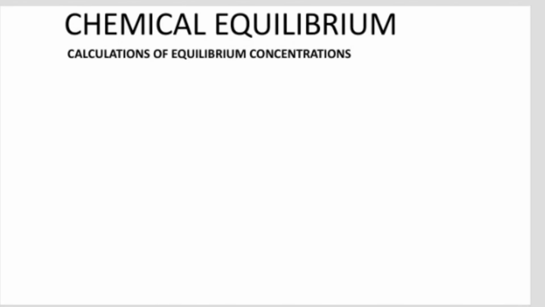Today we are focusing on calculating equilibrium concentrations using an ICE table. By the end of this lesson, you should be able to set up, solve, and decide when to use assumptions confidently.